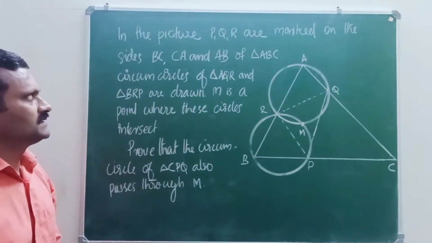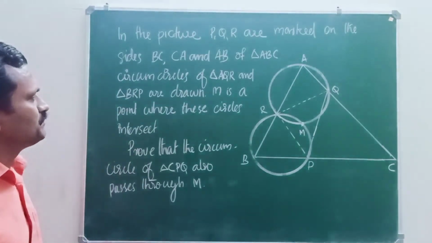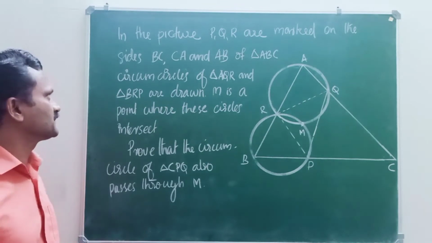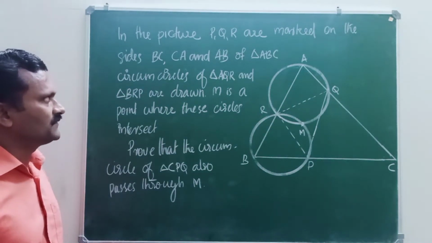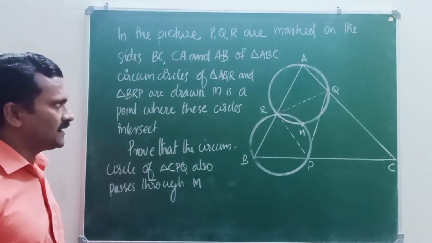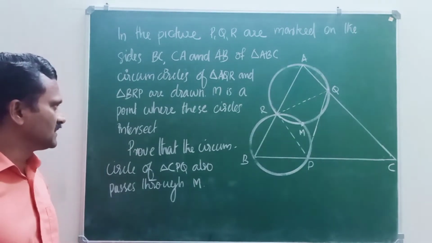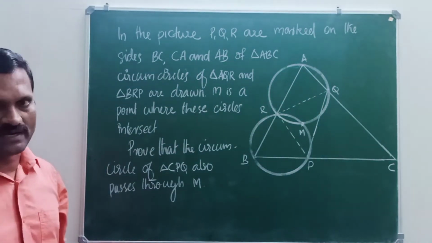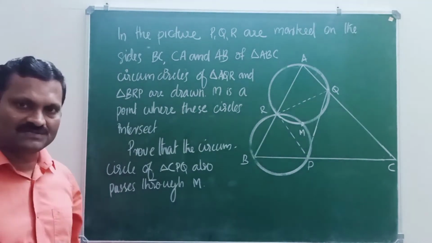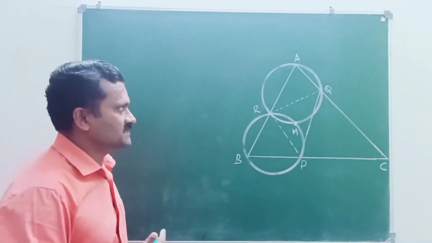In the picture, P, Q, R are marked on the sides BC, CA and AB of triangle ABC. Circumcircles of triangles AQR and BRP are drawn. M is the point where these circles intersect. Prove that the circumcircle of triangle CPQ also passes through M. The picture is given.